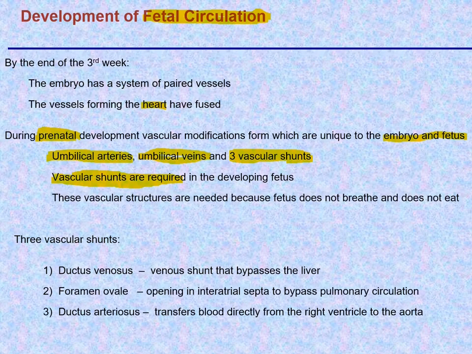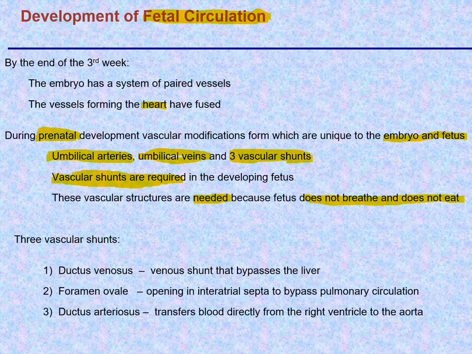And the reason they are needed or required is because the fetus does not breathe air, does not breathe any gas, and does not eat. Okay, keep that in mind, please.